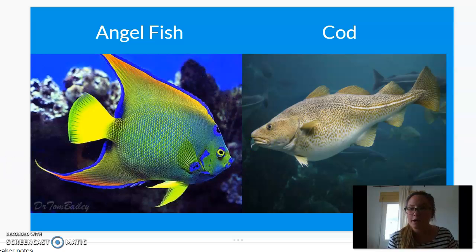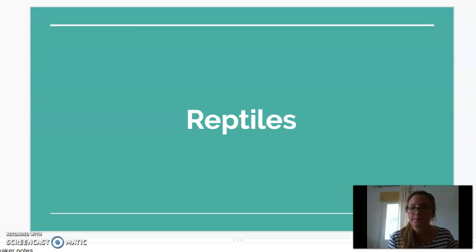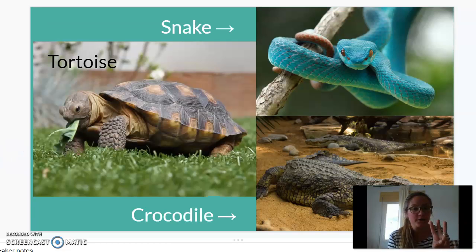Now it's time for our last category. Reptiles. Here are 3 examples of reptiles. First, a tortoise. This is a word and an animal we've talked about before.